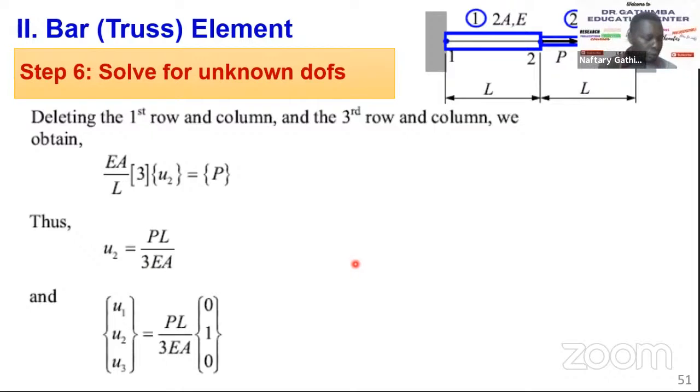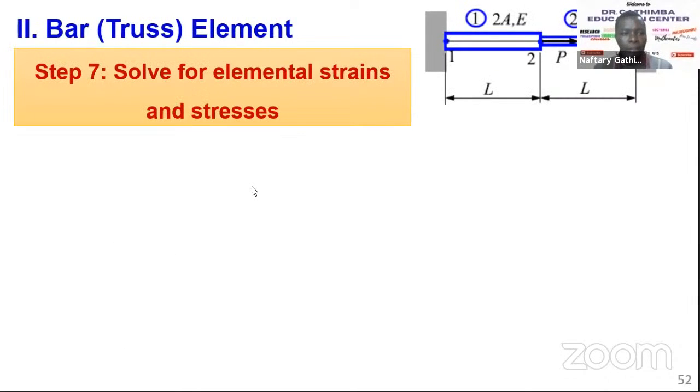Step number 7, we need to solve for the strains, because our problem relates to the strain in the 2-bar element. So solve for the unknown strains and stresses. Remember, you might not be told to; here we are just required to calculate the stresses in the 2-bar element.